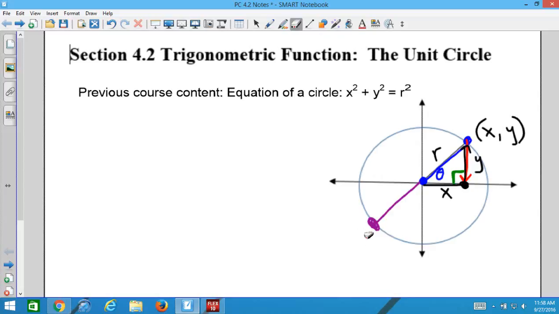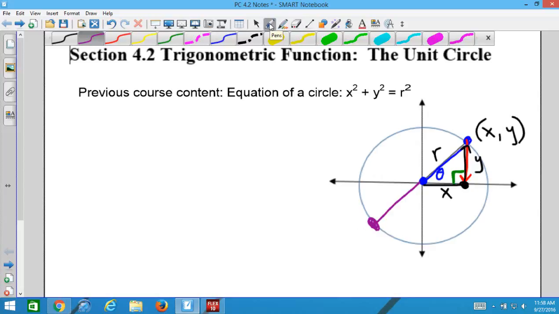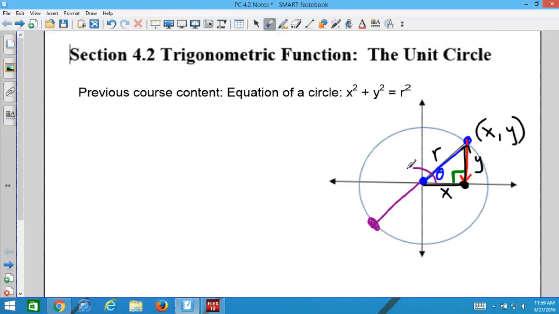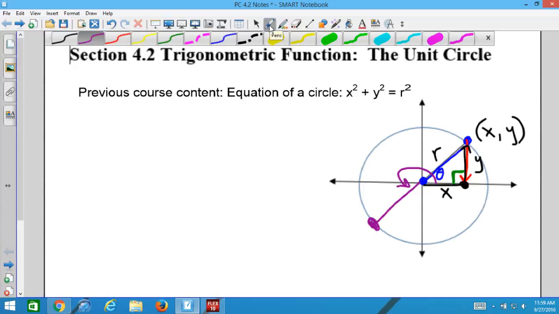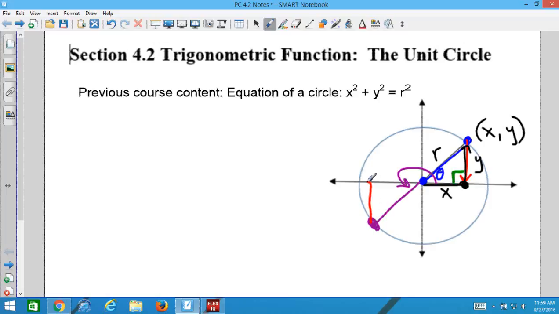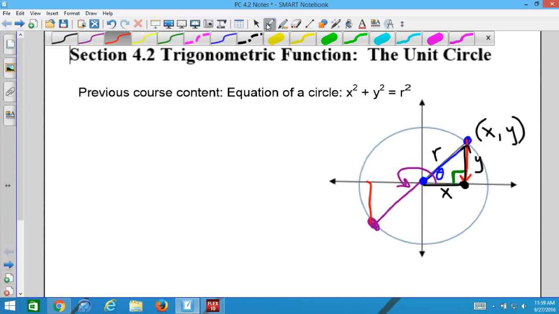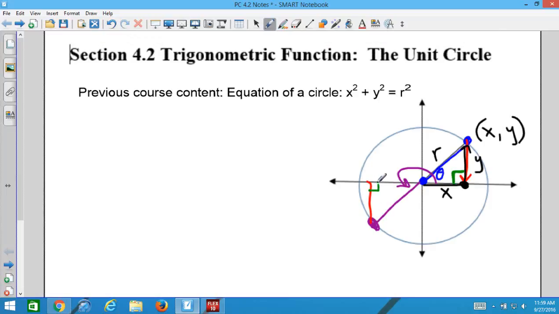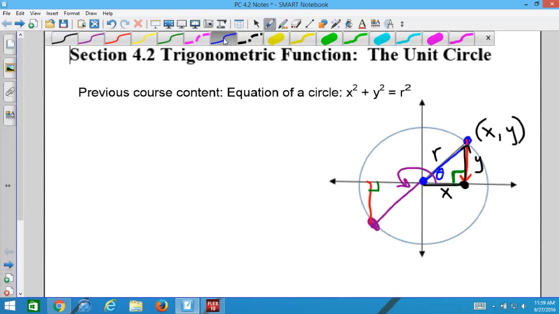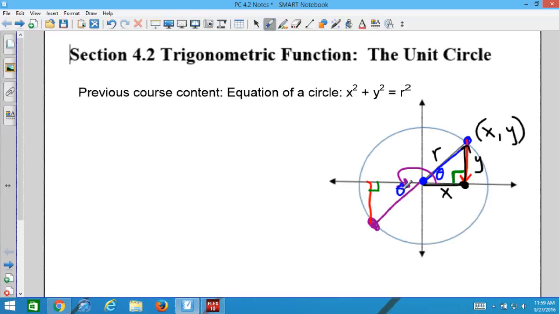And if the terminal side was in the third quadrant, I used a degree that was greater than 180 degrees to get there. But when I draw that line to the x-axis, and I make that 90-degree angle, I have something called a reference angle. My theta is now a reference angle.